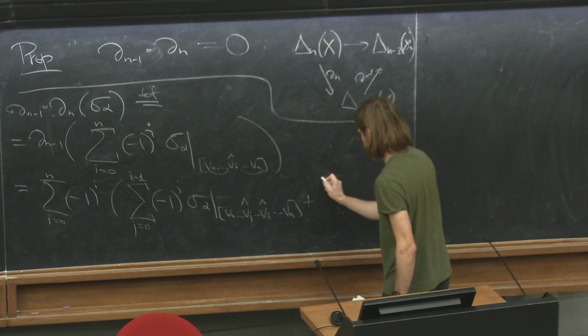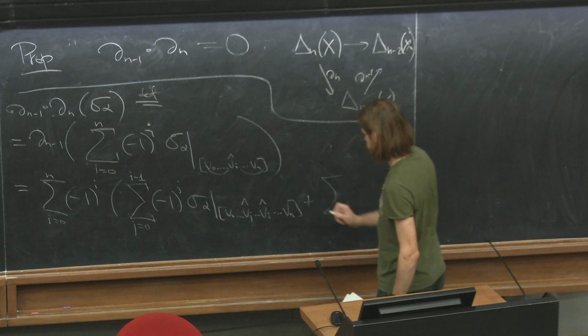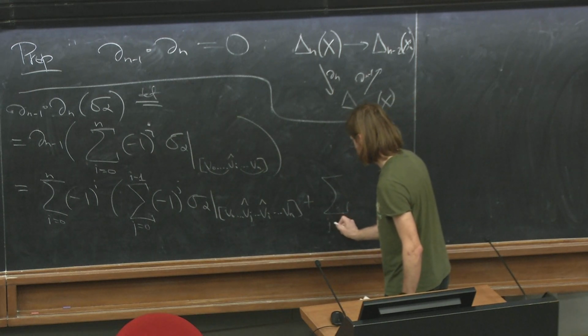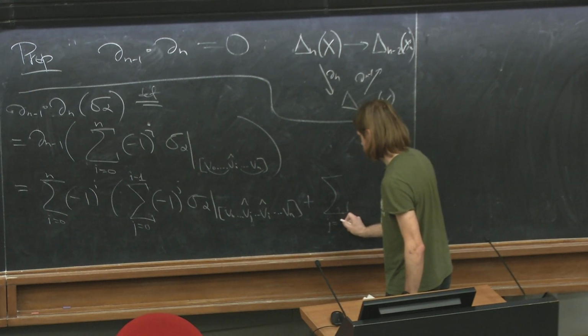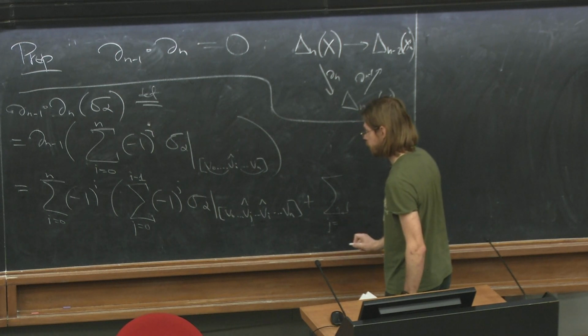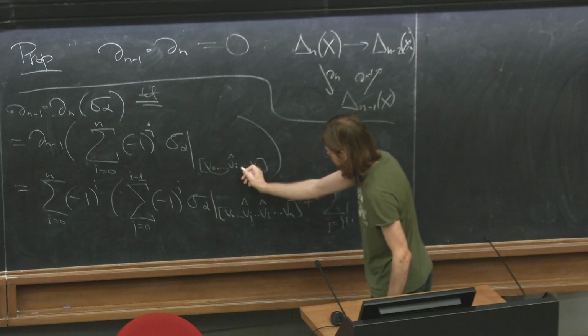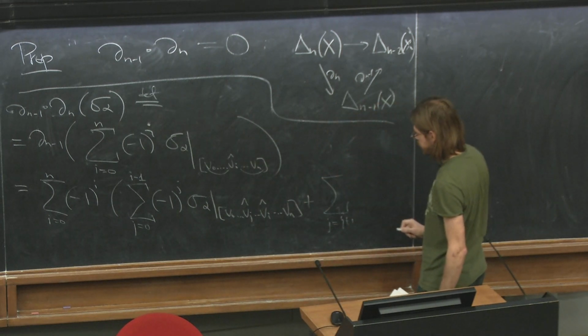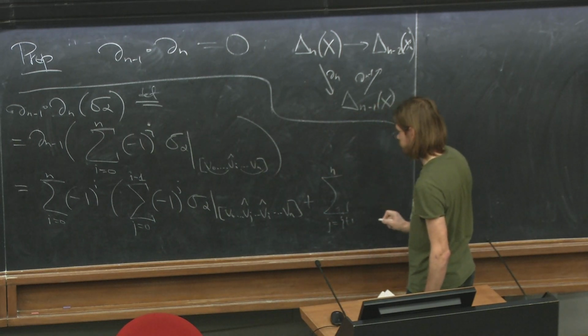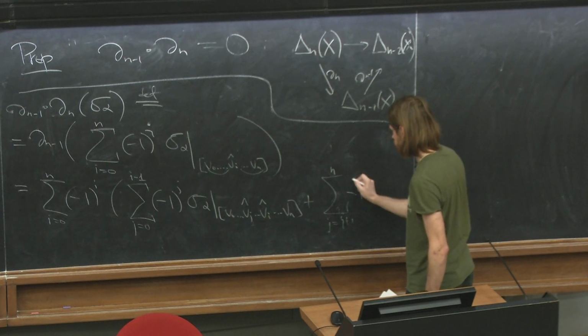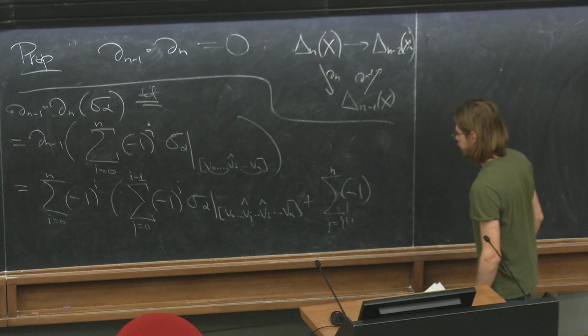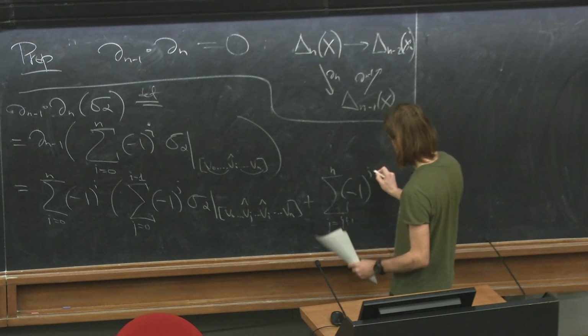And the second part, where we remove one of the vertices here, will be a sum from j equals i plus 1, the next vertex, to n. And it will be weighted by (-1)^{j-1}.